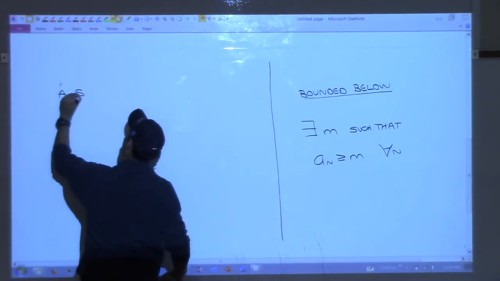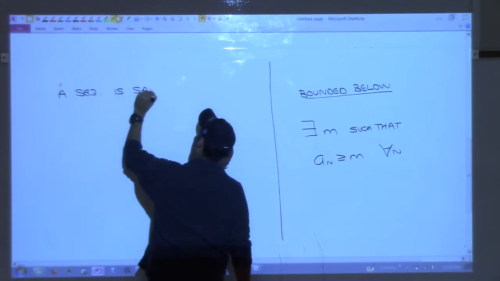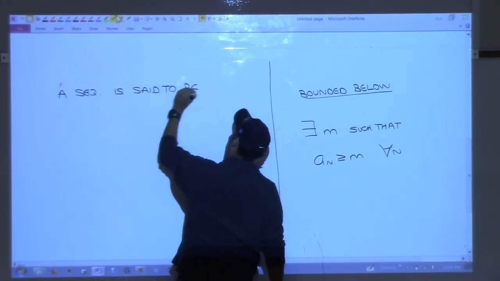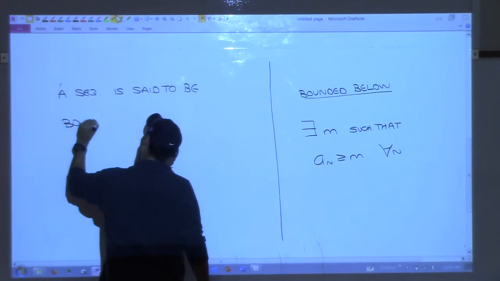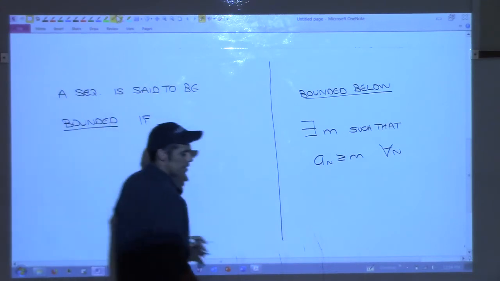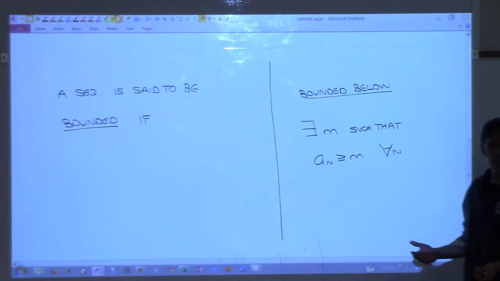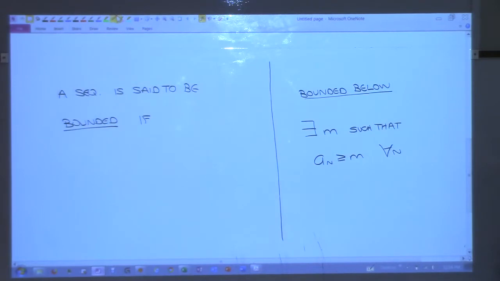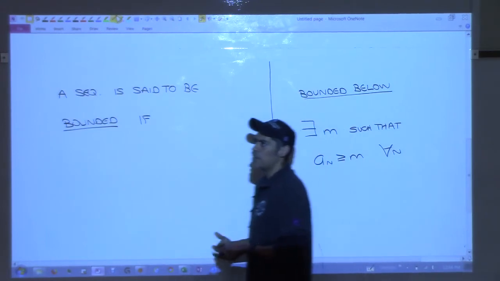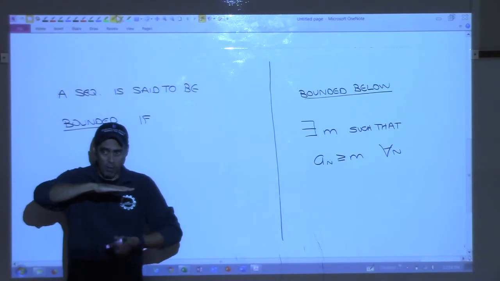A sequence is said to be bounded if, okay, so tell me what you think. I told you what bounded above meant. I told you what bounded below meant. If I just tell you that I have a sequence that's bounded, what do you think that means? Ceiling and a floor, or ceiling or a floor? To say a sequence is bounded, do you think that means that it has to be ceiling and floor, or one or the other?